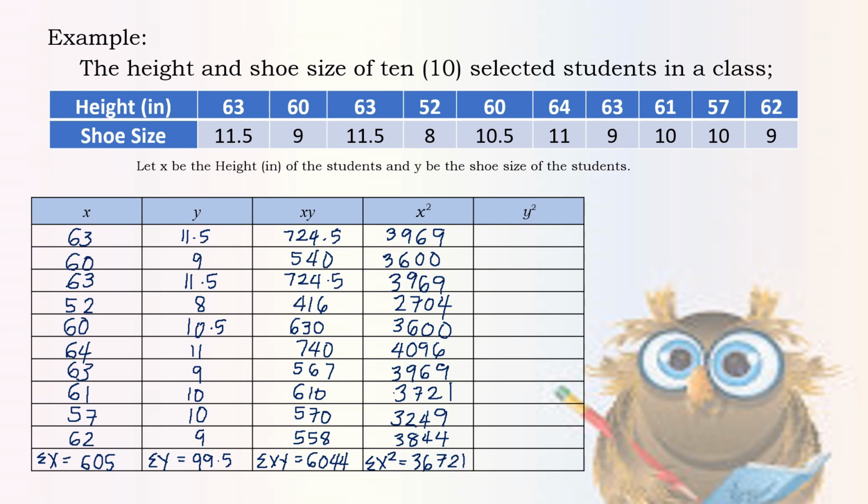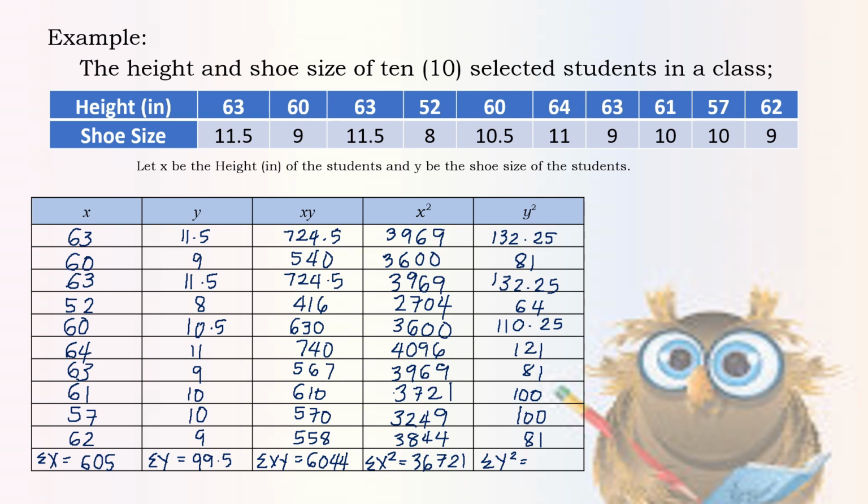Let's proceed to y squared. So 11.5 squared is 132.25. The 9 is easy, 81. Same. 8 times 8 is 64. 10.5 times 10.5 is 110.25. 11 is 121. 9 is 81. Of course, 10 is 100. Adding this up, we will get the summation of y squared.